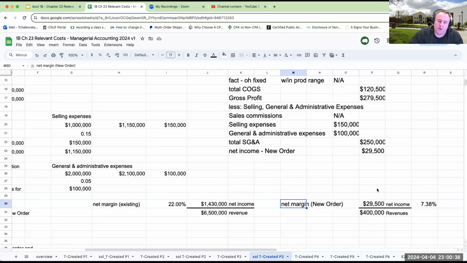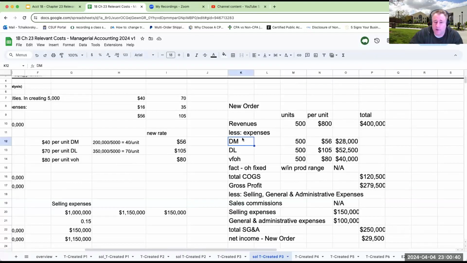By the way, we have to make sure that these direct labor costs, direct materials, variable overhead are real numbers. So if you're ever accepting additional business, you really want to make sure that the numbers are going to be good. And that's all we can really do.